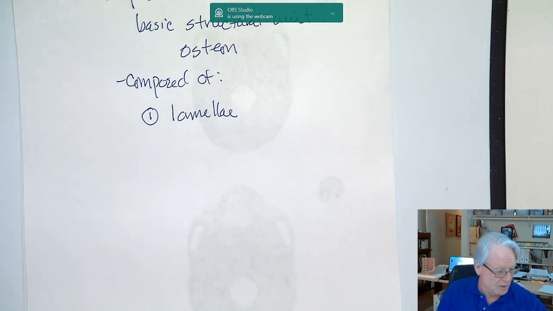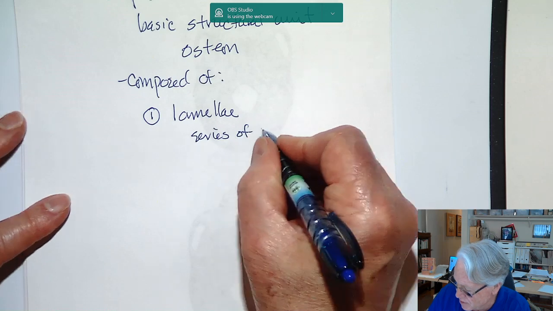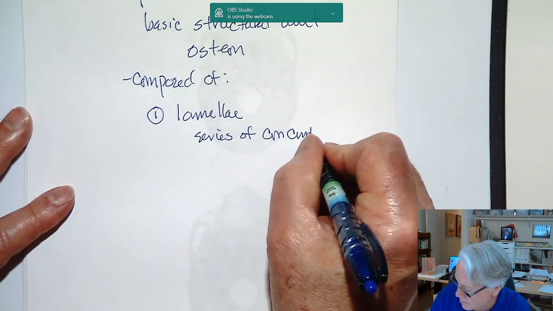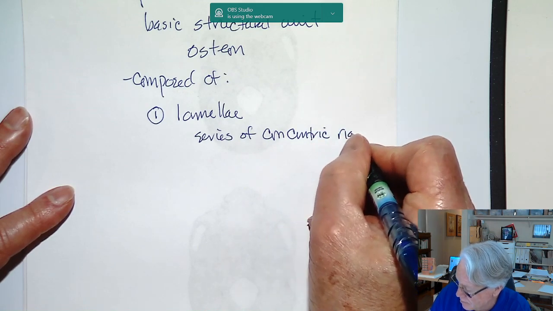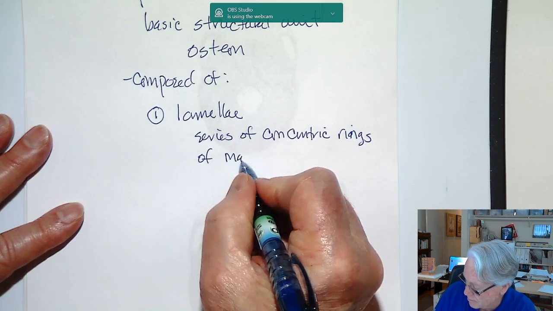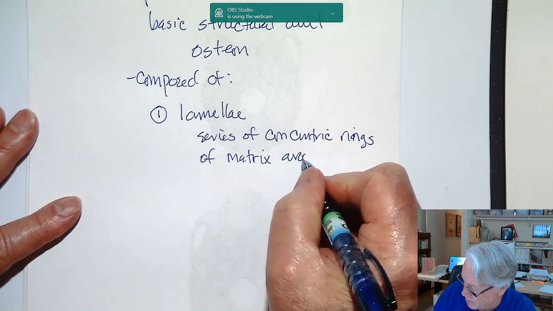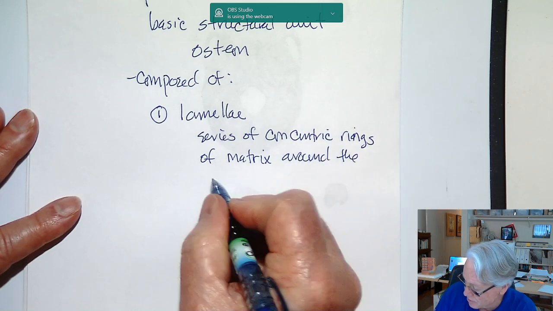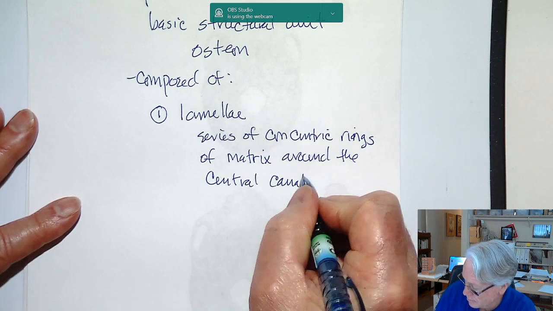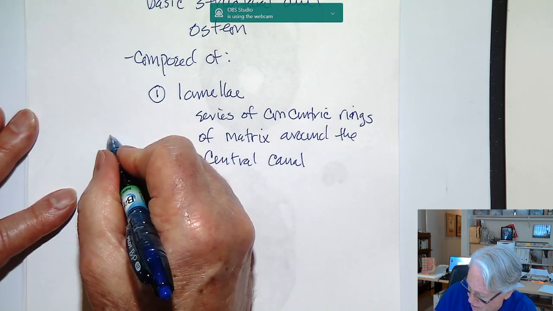So this is a series of concentric rings of matrix around the central canal. Okay. So let's go ahead. Here's my central canal.